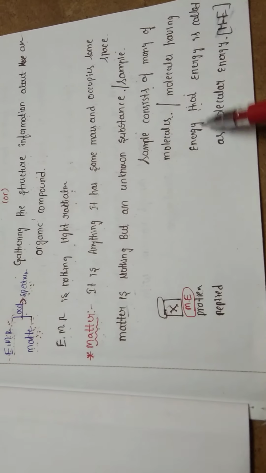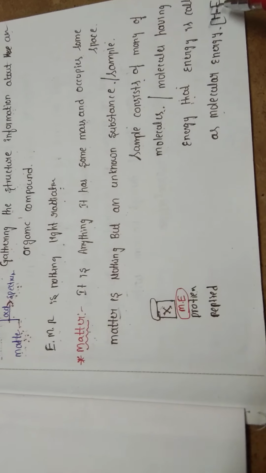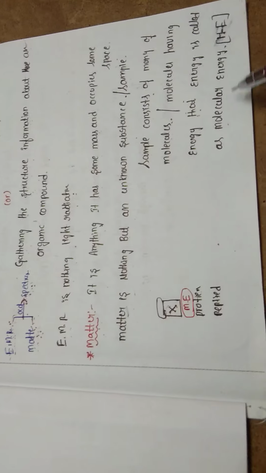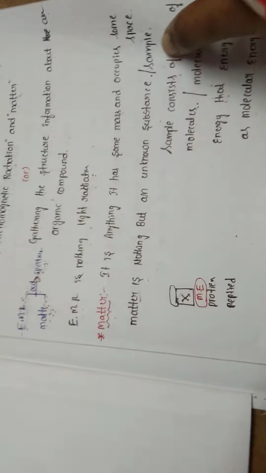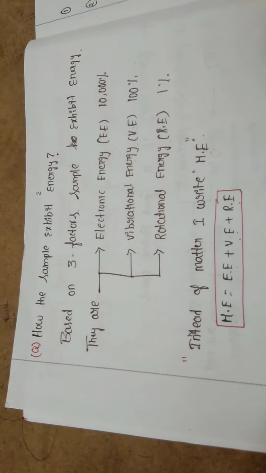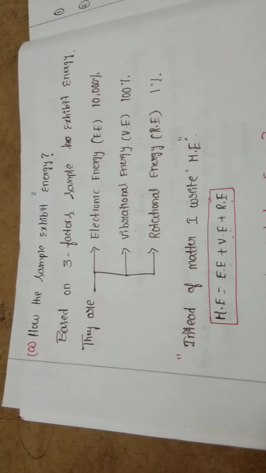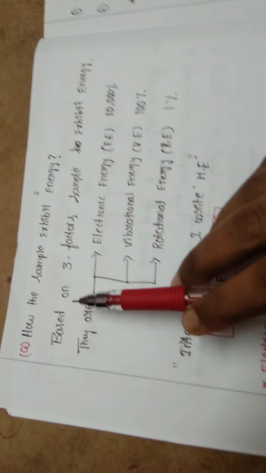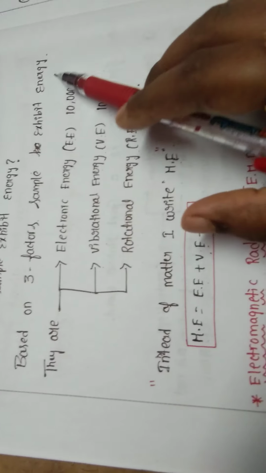That's why every molecule has energy, called molecular energy. Here one doubt is raised: how does the molecule exhibit energy, that is, where does the energy in the sample come from?